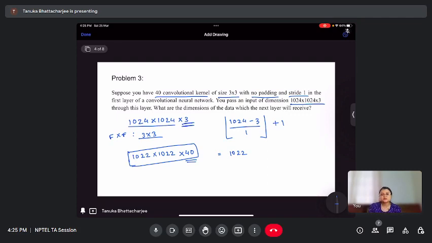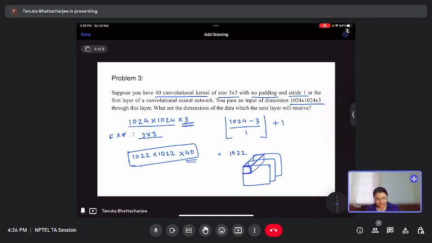Okay, so it won't affect that RGB 3, right? So, all those 3 will be combined in each of these channels. Basically, if you have these 3 as RGB, let us say these 3, and your kernel is, let us say, this much, this combines that stretch for all the 3 channels.